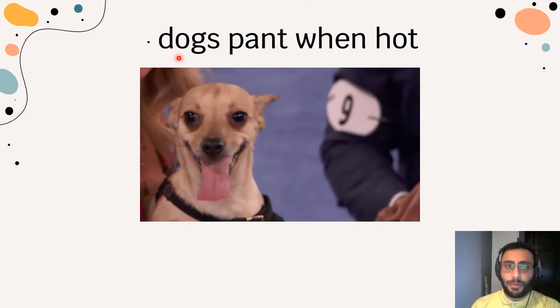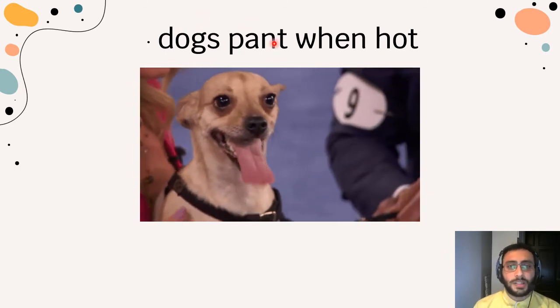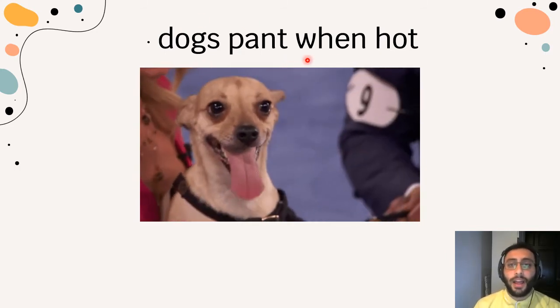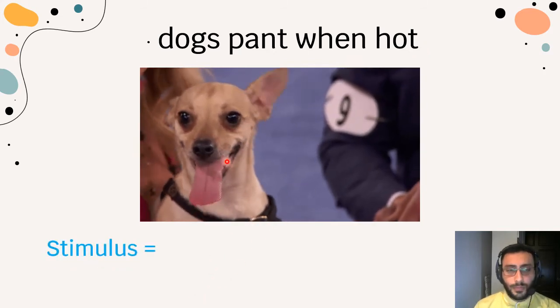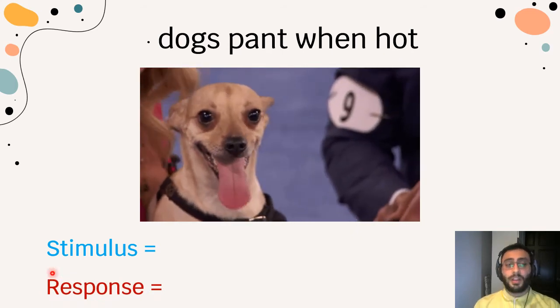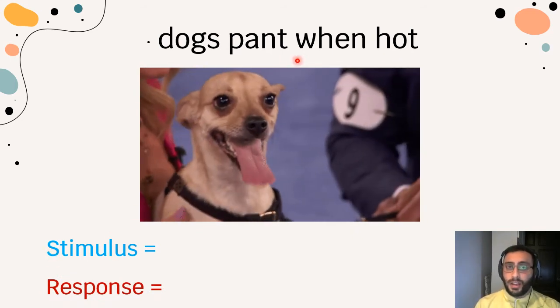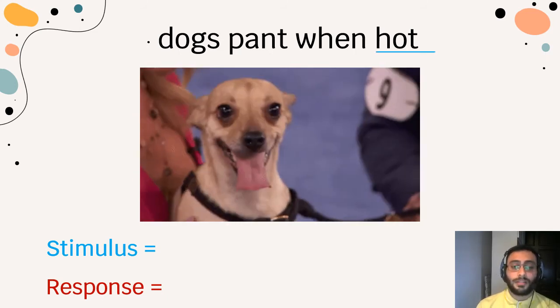Let's see some examples. This dog is panting when it's hot. See, dogs pant when hot. So, what is the stimulus? What is the response? The stimulus is when it's hot.